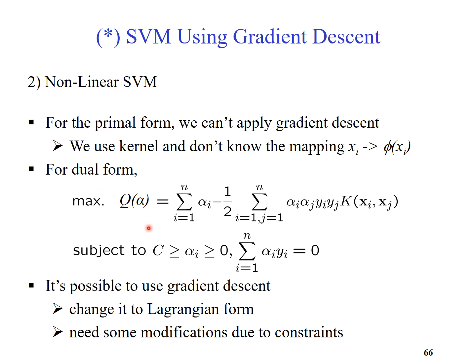You differentiate this, and also you have some constraint here, so we do some modification when you run gradient descent, but again, generally speaking, you are able to solve this dual with kernel by using gradient descent with a little bit of modification. That is one assumption: we assume that this kernel function is differentiable. That's quite a general assumption.